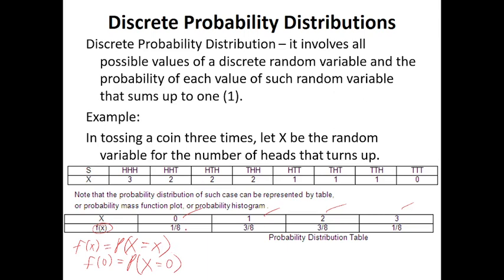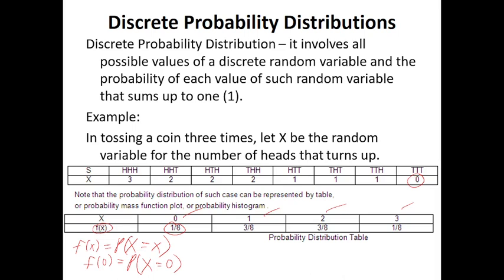And the probability that x is equal to 0 is 1 over 8. So how did we get 1 over 8? If we take a look at the previous table, we have here 0, value of x.